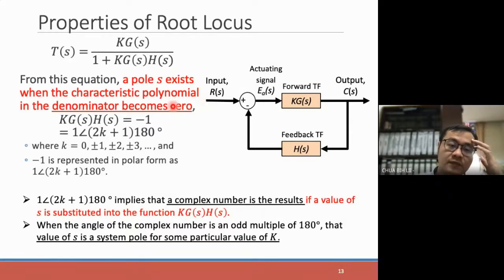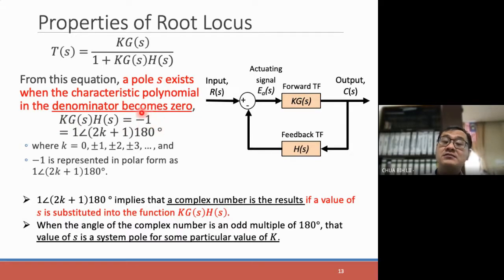So from this, we start to look at this. We have 1 plus KGH, meaning for this denominator to become zero, this KGH must equal -1. So we set KGH equals to -1.